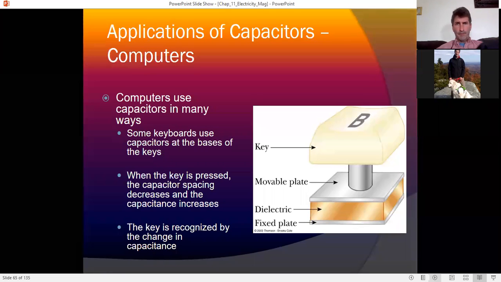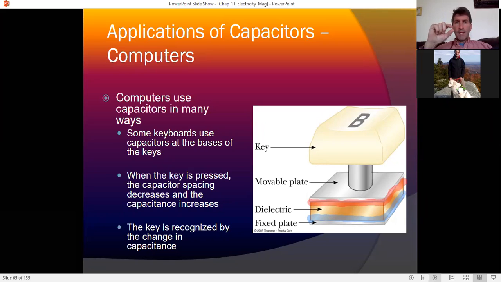But what happens here is your computer is constantly sending a voltage across all these capacitors. So one side's positively charged and one side's negatively charged. Now, the amount of charge that little capacitor stores depends on how thick it is.